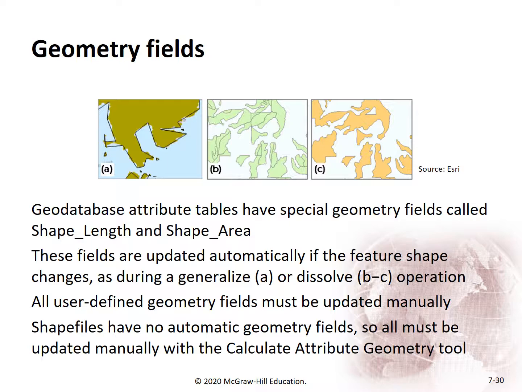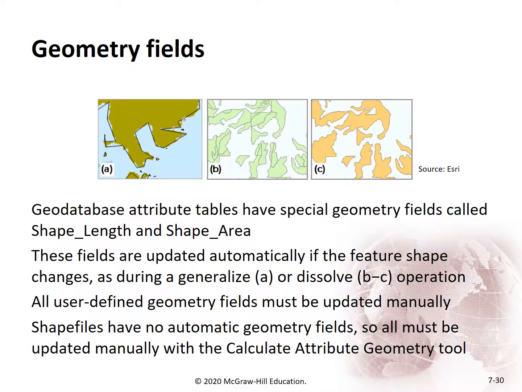It means if you dissolve, clip, cut, edit, change the projection, or do anything that makes anything longer, shorter, bigger, or smaller, it automatically updates the Shape_Length and Shape_Area fields in the attributes of those features. All other fields that you might create that calculate or measure anything, you have to update manually. They're not updated automatically.